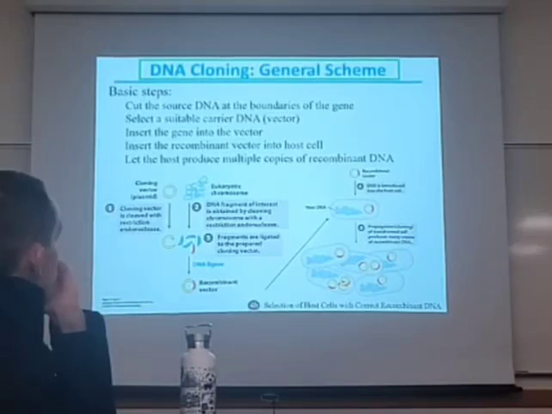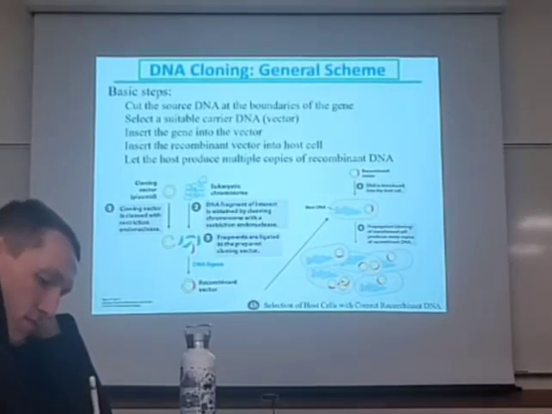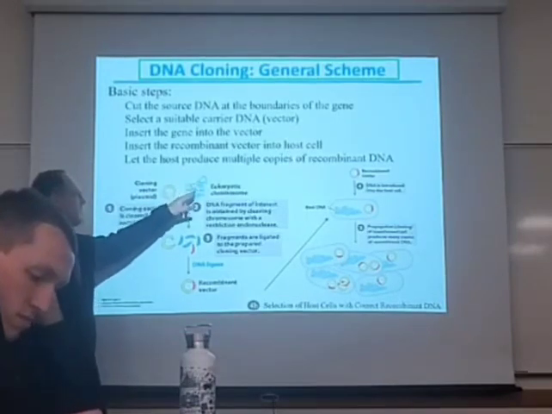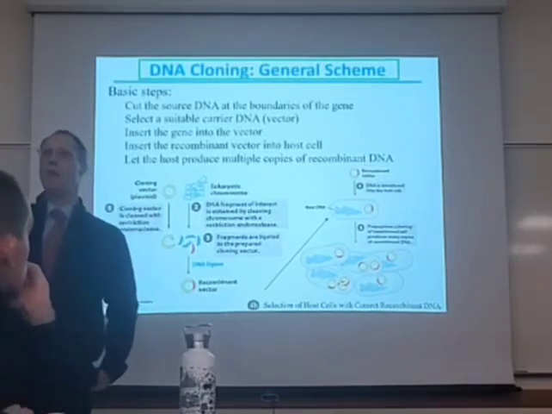Okay, so what we need to do: cut it, select a suitable carrier, a vector, insert our gene of interest into it, insert the recombinant vector into the host cell, and then produce a whole bunch of copies. In looking at this, if this is my gene of interest, here's the vector, we're saying a plasmid. Somebody help me out.